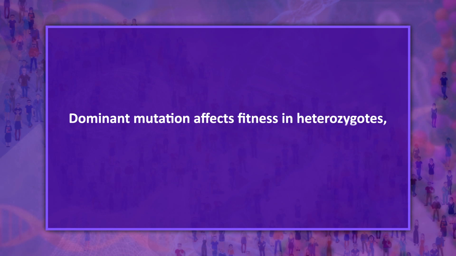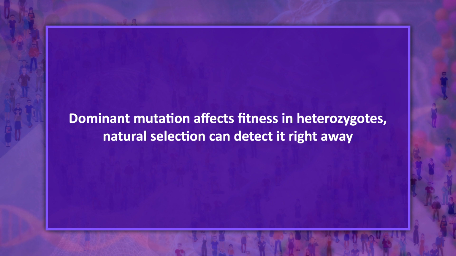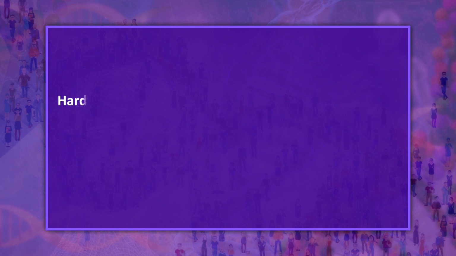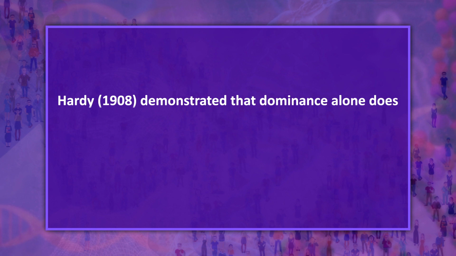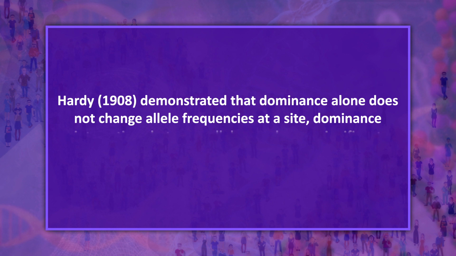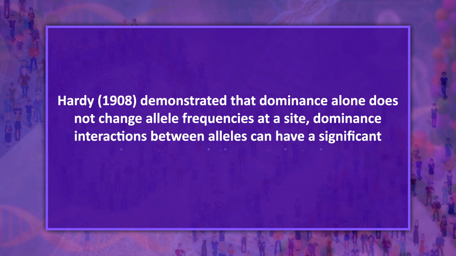However, because a new dominant mutation affects fitness in heterozygotes, natural selection can detect it right away. Even though Hardy-Weinberg in 1908 demonstrated that dominance alone does not change allele frequencies at a site, dominance interactions between alleles can have a significant impact on evolutionary trajectories.